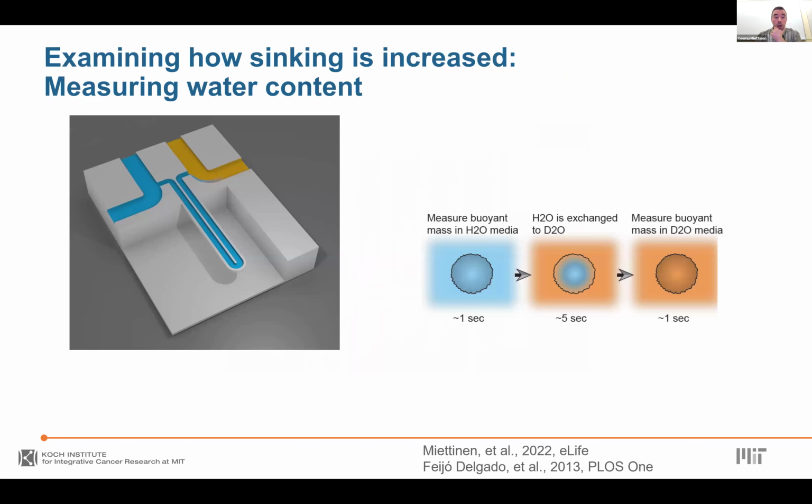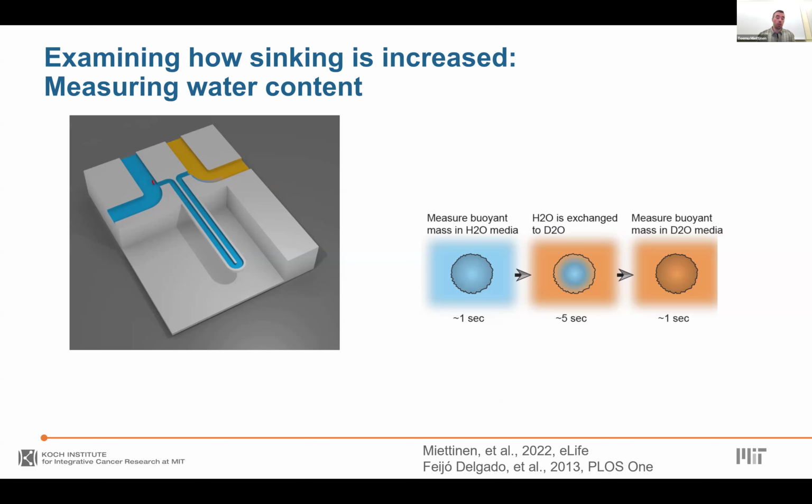So what are they? Well, the obvious content would be water. And quite a nice tool that we've been developing in the lab is a kind of expanded version of the suspended microchannel resonator, where by tweaking the environmental media that you measure the cells in, you can measure different physical properties of a cell.